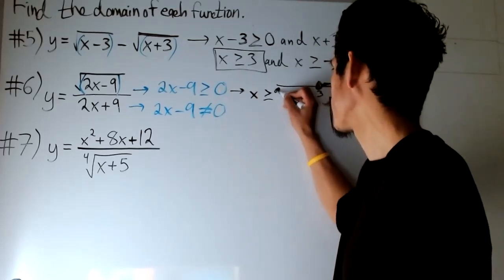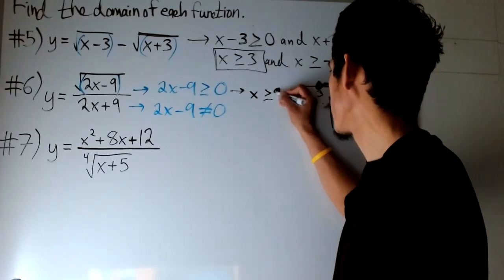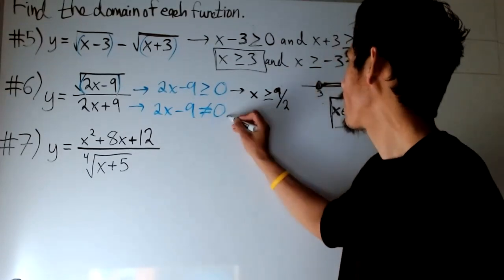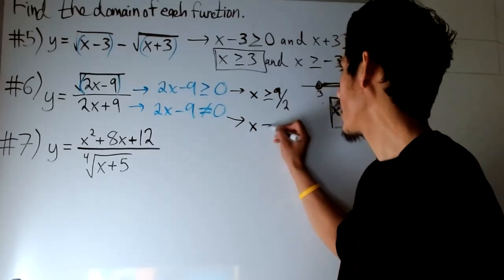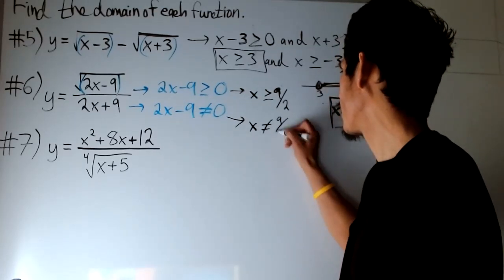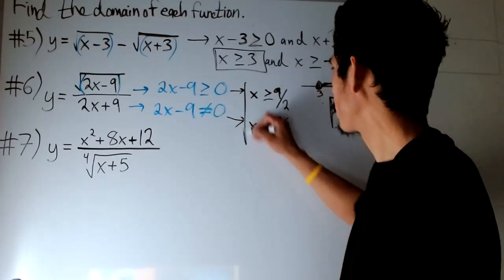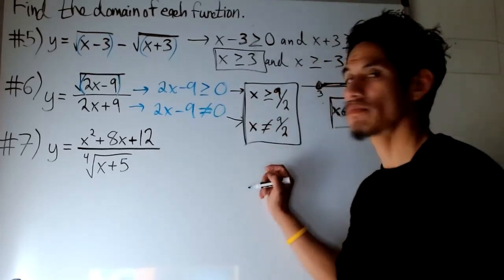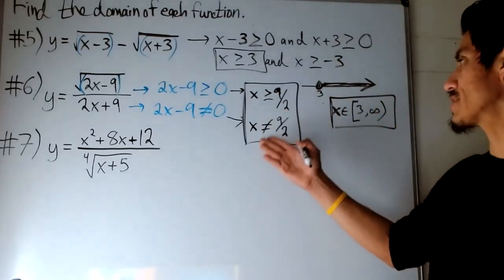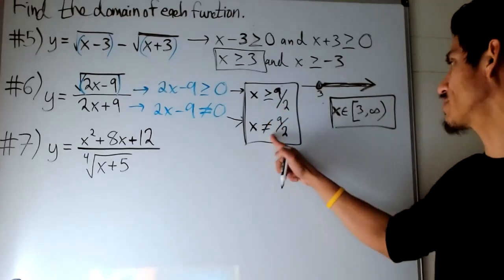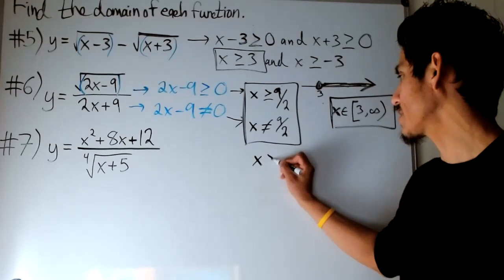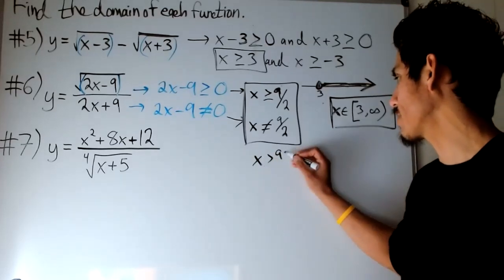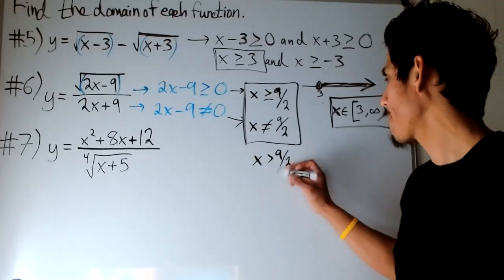Let's get this out of the way. And then adding 9 and dividing by 2, x can't be equal to 9 halves. So all this is saying is that x has to be greater than 9 halves, because we're not going to include 9 halves. So essentially, x has to be greater than 9 halves, or x has to be greater than 4.5.